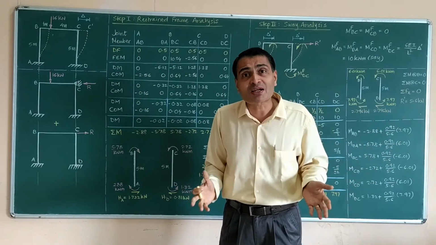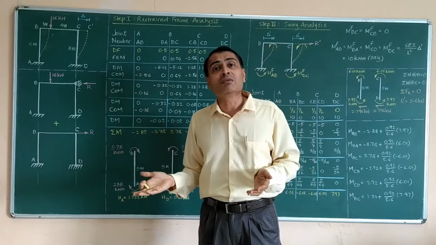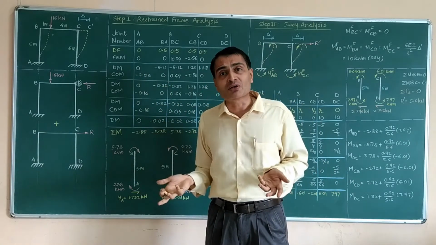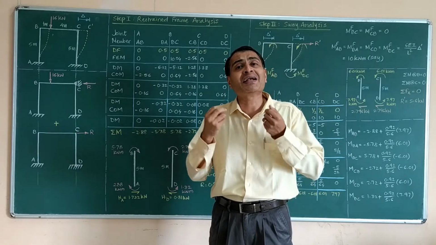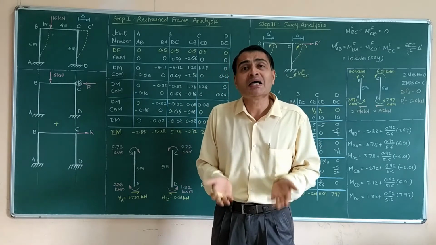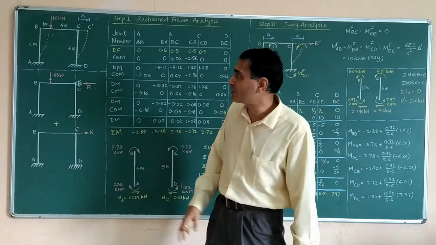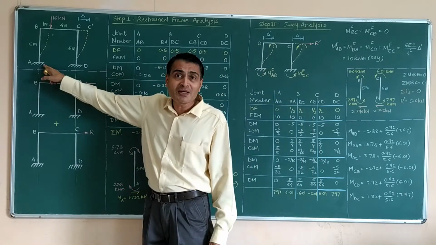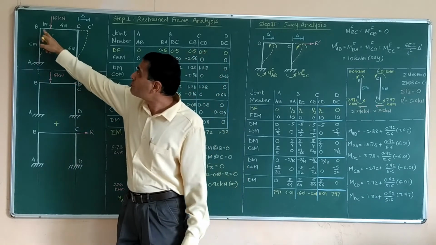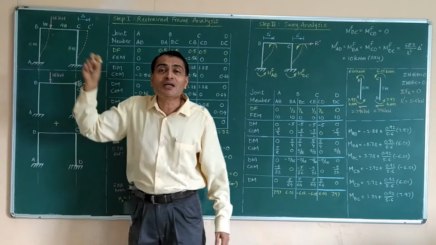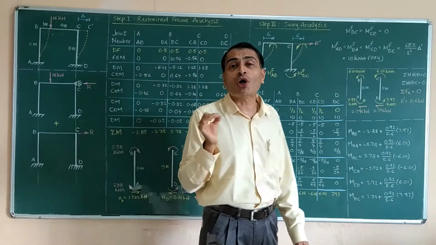Similarly, stiffness factors 4EI by L, all the spans are 5 meters. All I, second moments of area, are same. So you can readily calculate stiffness factors. Lastly, distribution factors. For AB, it is 0. For DC, it is 0. For BA and BC, it is going to be 0.5, 0.5.